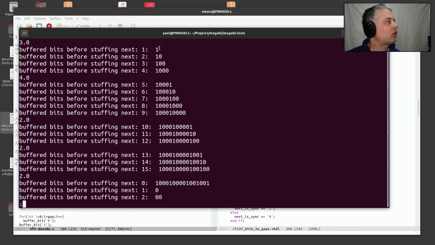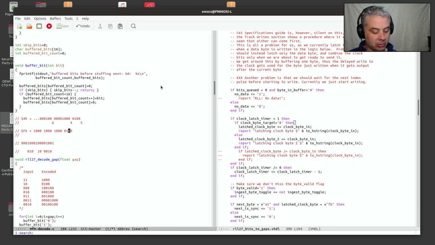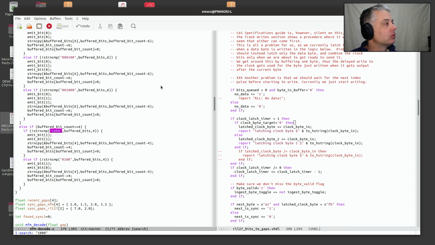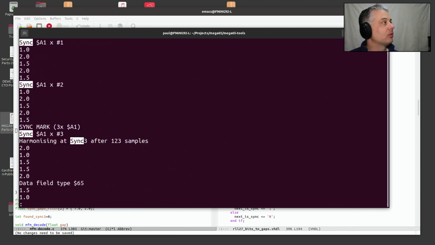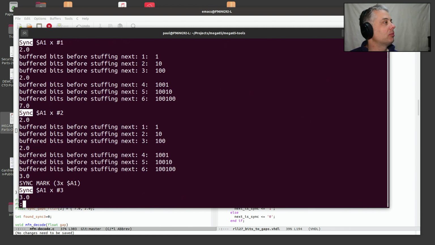So when we stuff that in, there's now enough bits it should be able to decode the first part of that. Because the 1000, typo. Okay. That would quite likely cause the problem.